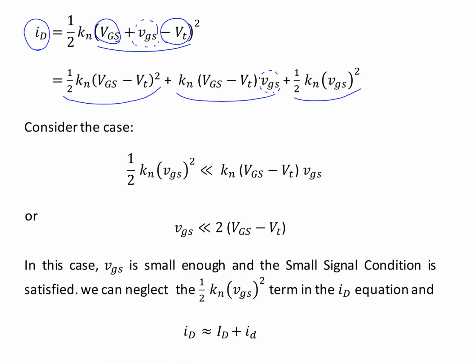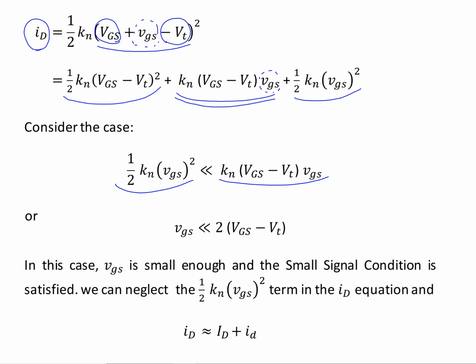Now consider the case when the third term is much smaller than the second term here. If that is the case, then I can neglect the effect of the third term in the whole iD equation.